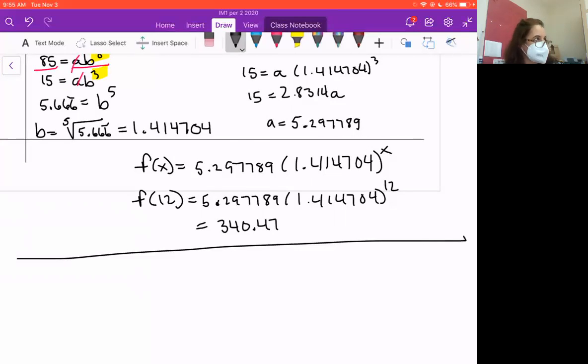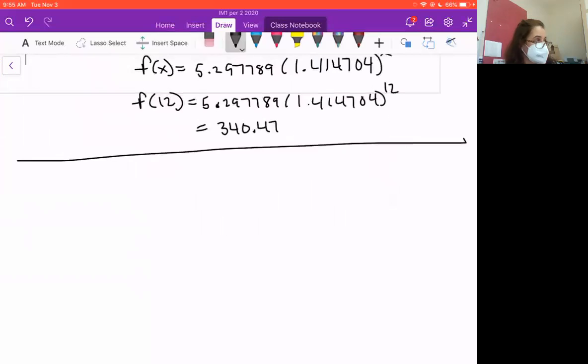Okay, I want to do one more example, not the whole way through, but I want to show you what would happen if one of your x's was negative. So what if we had these 2 points?